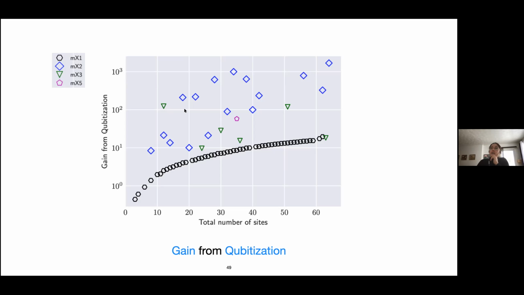Again, for intermediate lattice sizes, we have some gain that reaches up to 3 orders of magnitude for this lattice shape, and it seems to increase with the total number of sites, and has some kind of dependency on the shape of the lattices. So this means that the gain seems to be better for bigger lattices, or lattices that have a smaller gap.